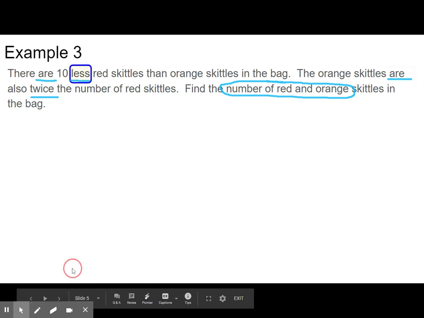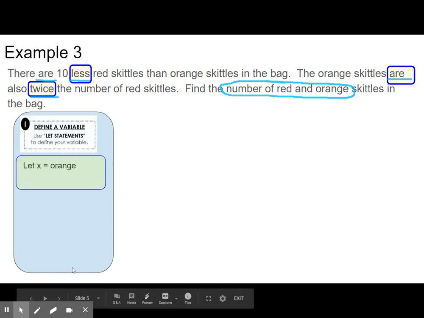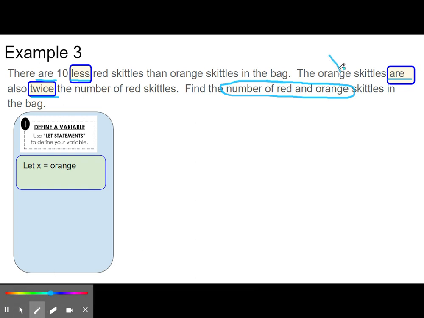So we're going to make X orange. X is orange. Though this is a case where, why didn't I call it O? I could have called it O. That would have made sense. Well, I guess you can choose any letters you'd like.